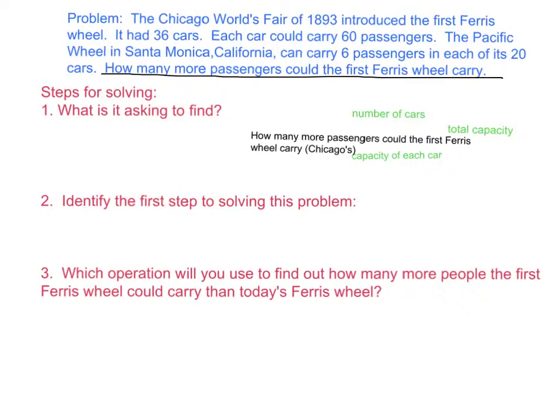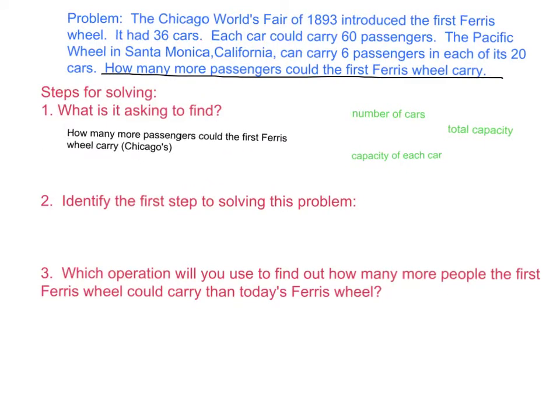So I'm just going to go ahead and put this right over here. So it's asking to find how many more passengers could the first Ferris wheel carry, which is the Chicago. After I identify exactly what it is I need to find, I'm going to start to identify the first steps to solve the problem, to answer its question.